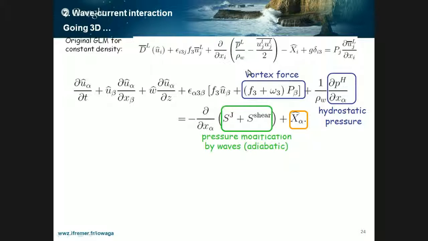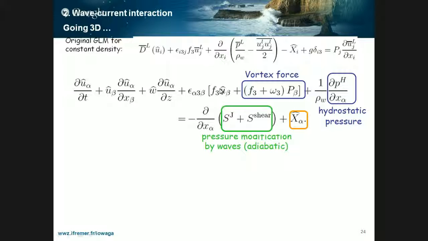And so the difference from the traditional ocean circulation models is that you have essentially three terms. One is this vortex force, which is a product of the vorticity and this P here, a Stokes drift, which means that if you want to force an ocean circulation model with these equations, you need to know the 3D Stokes drift profile.